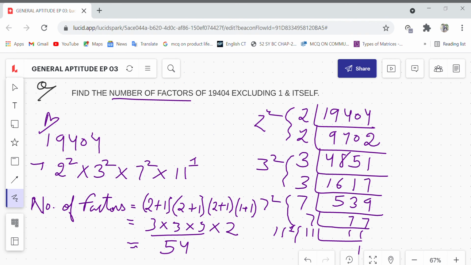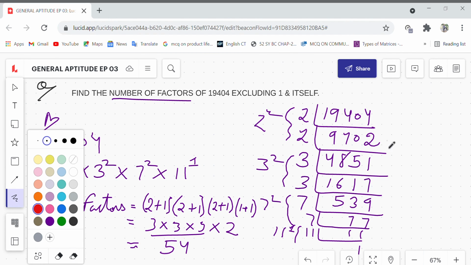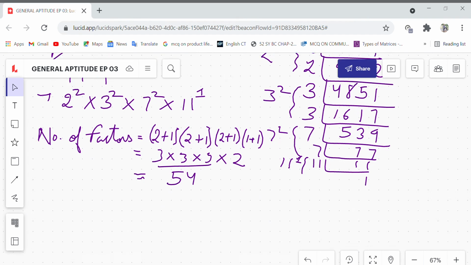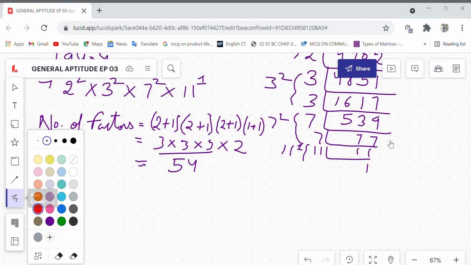54, but what has it told? It has told excluding 1 and itself. This is the main part. Excluding 1 and itself means two numbers.